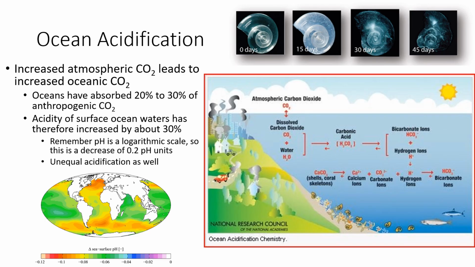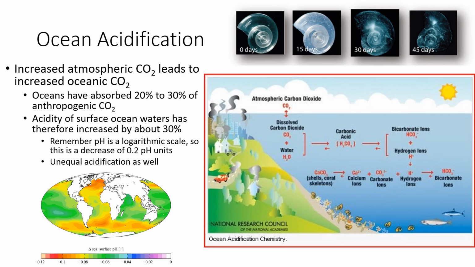Moving on to the stuff on the left, the oceans have absorbed about a quarter of the carbon dioxide that we have emitted over the course of the industrial age. And remember that the pH scale is logarithmic, so just decreasing from 8.3 to 8.1 is a 30% increase in acidity.